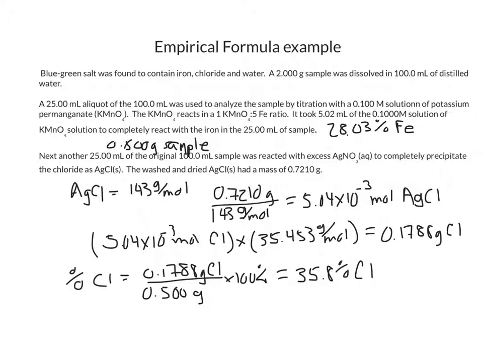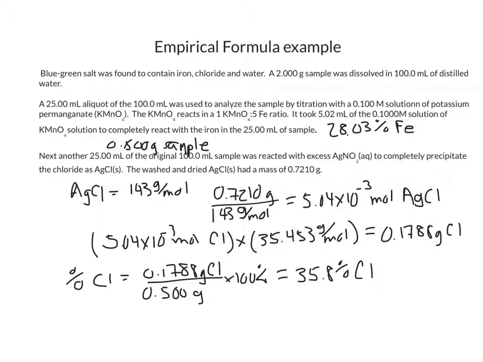Now my next step, not quite my final step, but my next step is to find the percent by mass water. And the way to find that is to take the percent mass iron plus the percent mass chlorine and subtract that from 100 because the sample contains only iron, chlorine, and water, and so these percentages have to add up to 100.